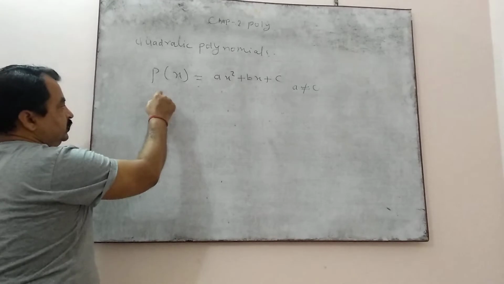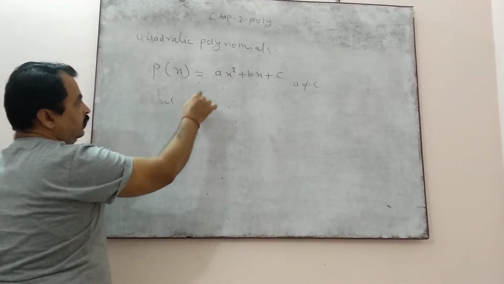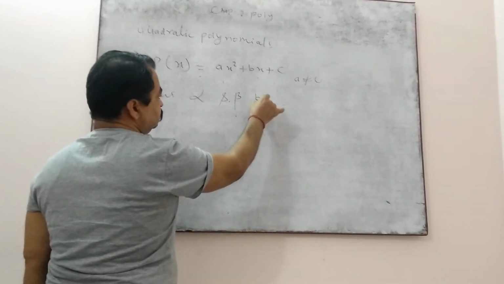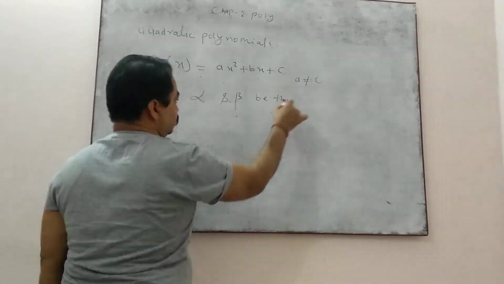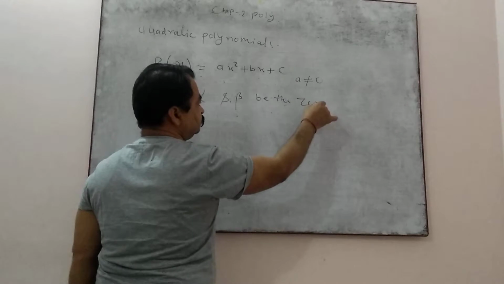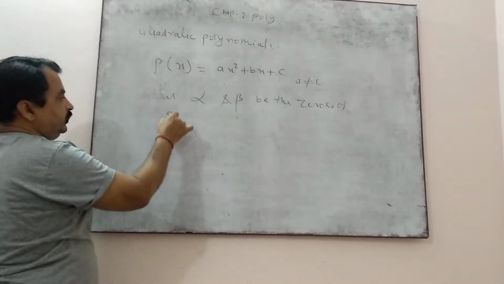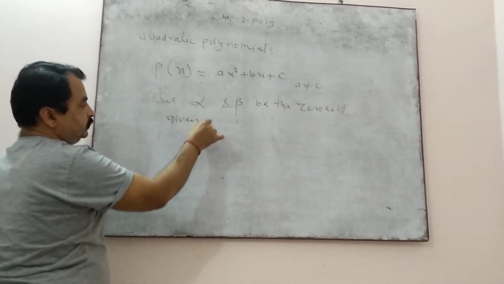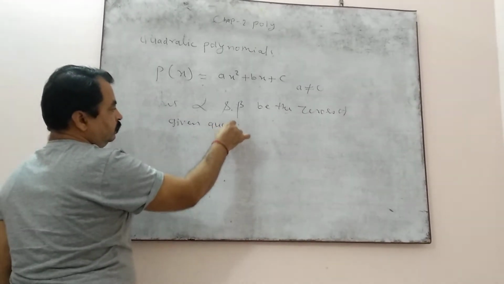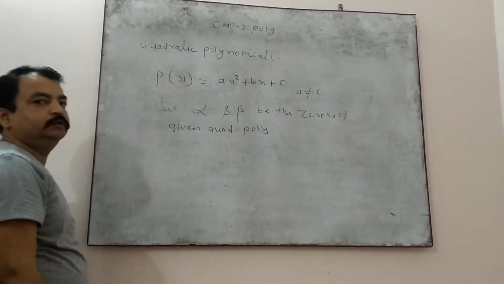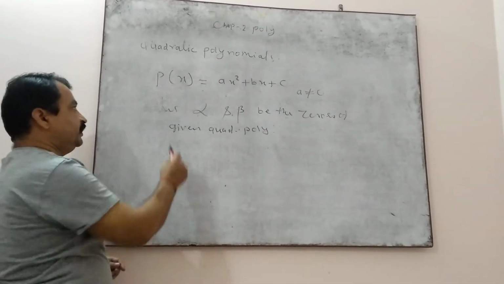So let alpha and beta be the zeros of the given quadratic polynomial, right? Okay.